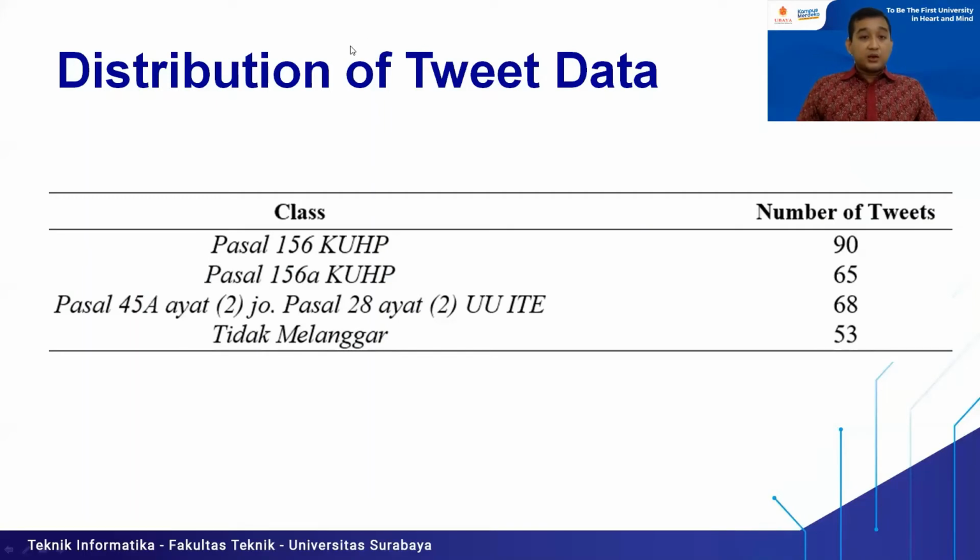Okay, this is about the distribution of tweet data. The total tweet data obtained from the crawling process is about 973 tweets. After the tweet data was obtained, an IT law expert and several research assistants selected the tweet data to discard tweets that were not relevant for this research.